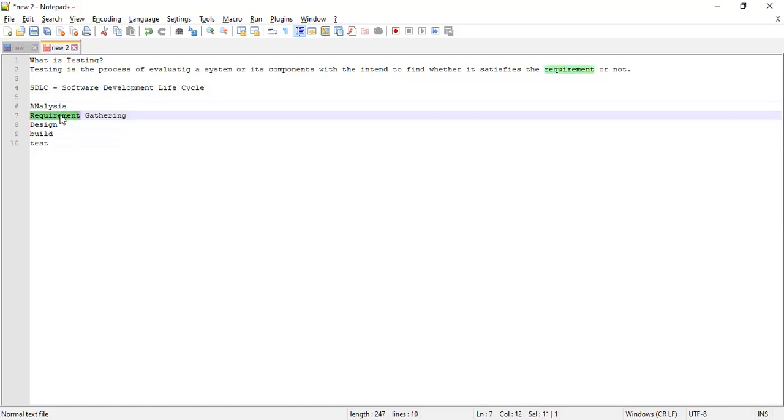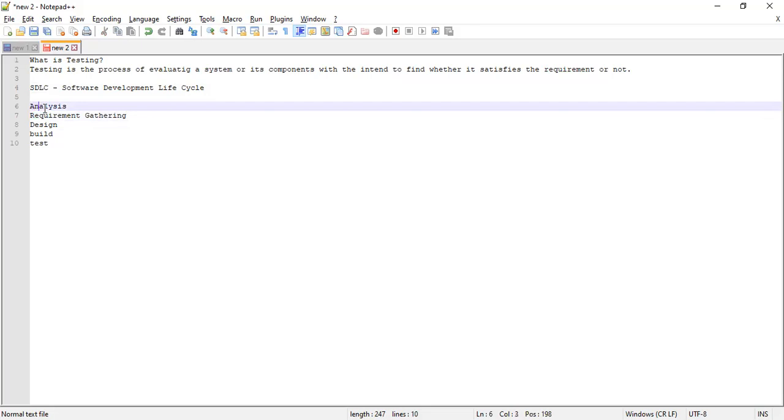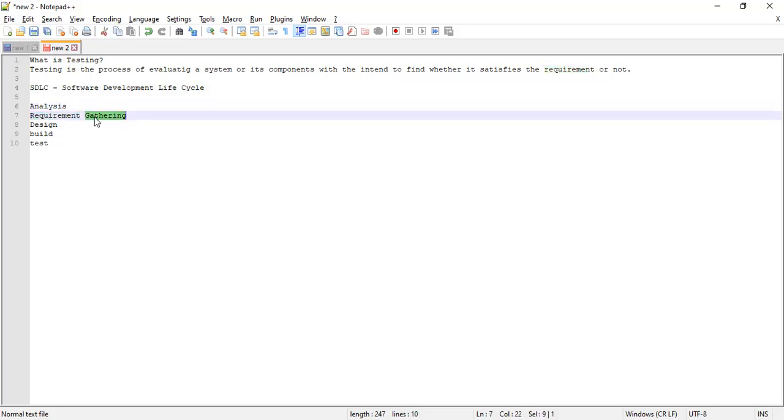We say, as per the analysis, this is the requirement, and when we discuss with the client, we get sign-off on the requirement. In requirement gathering also, something might go wrong. The analysis person might have done something wrong and documented the requirement incorrectly. So here also things can go wrong.